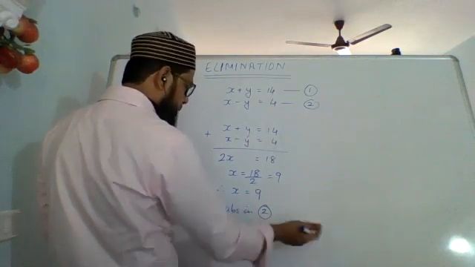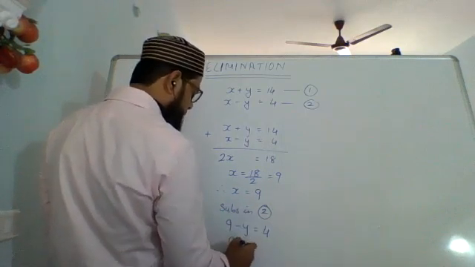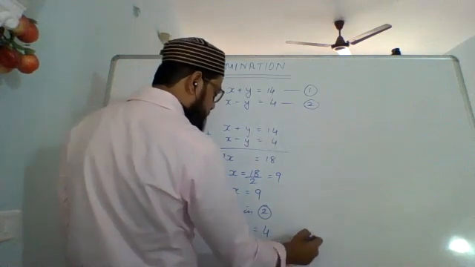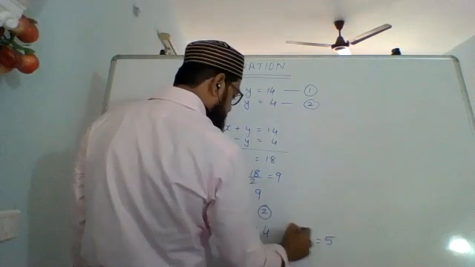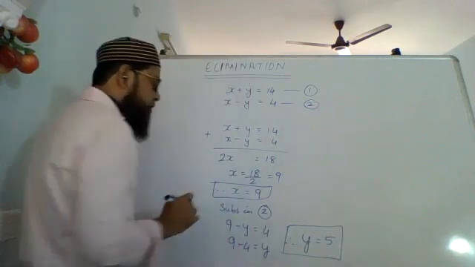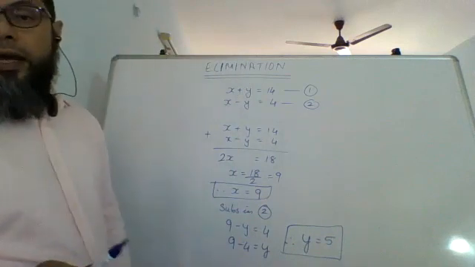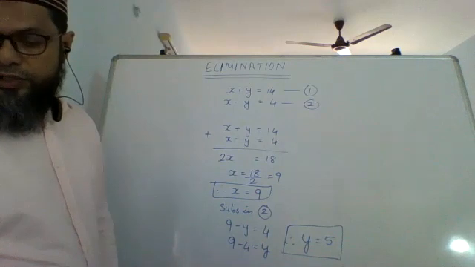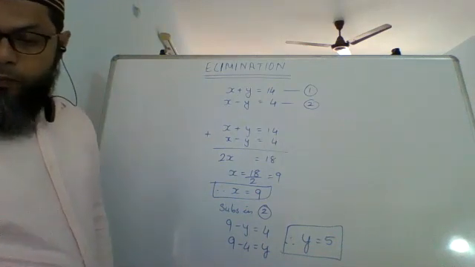Bring the 4 this side, bring the y the other side. 9 minus 4 equals y. Therefore, y equals 1. So this is how you go about the elimination method. In the method of elimination, this is how we are supposed to solve them.